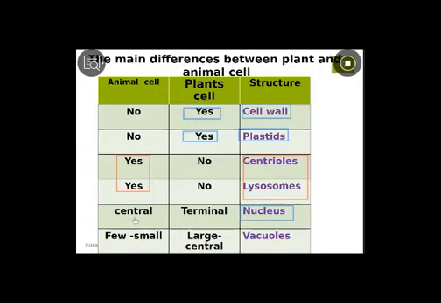But the difference: في الحيوان Noah في المركز مركز الخلية. In the animal cell, the nucleus is present in the center of the cell. On the other hand, in the plant cell, it is present at the corner. So these are some of the differences between plant cells and animal cells.